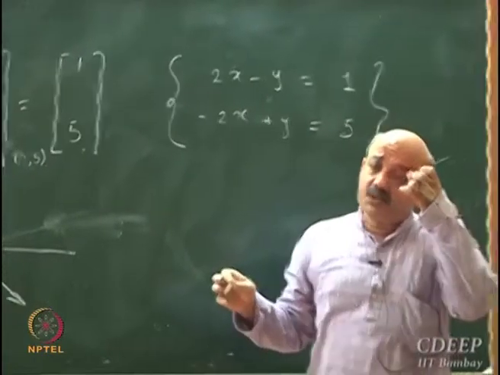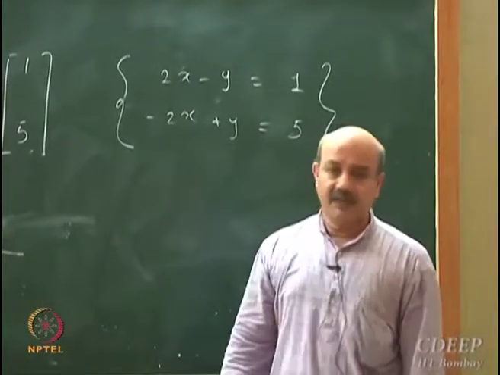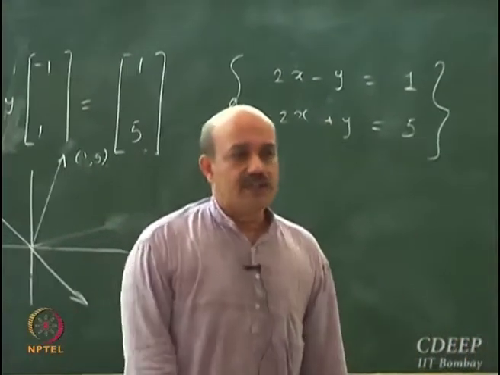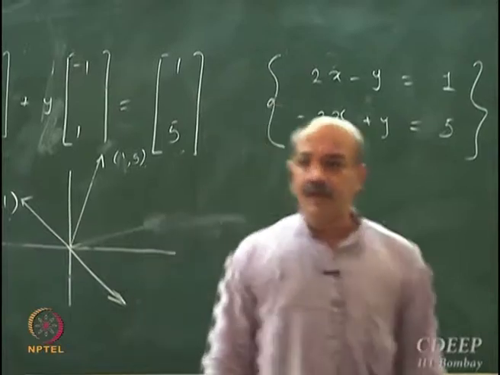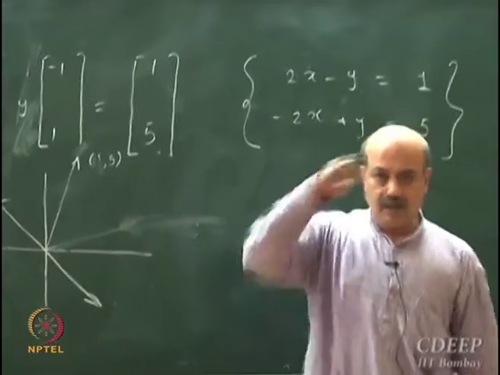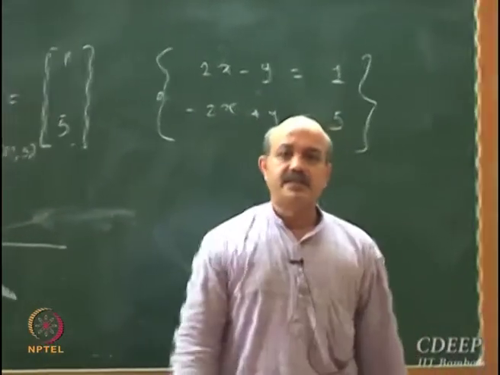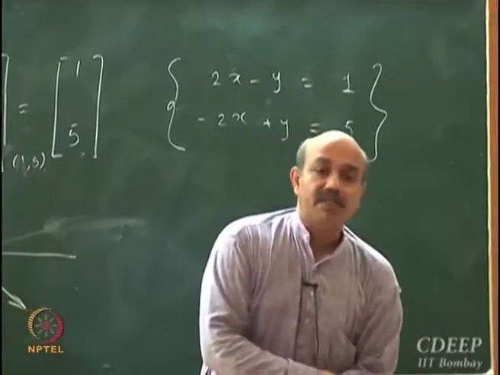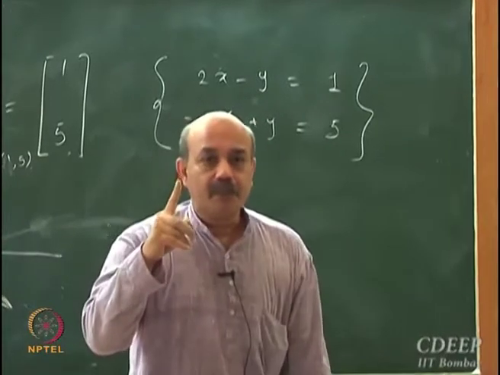We can generalize this to any n dimensional case. We can talk about linear combinations of columns giving you a solution which lies in the column space, okay, and the row picture will be hyperplanes, and the solution, when it exists, is that all the hyperplanes meet in one point, okay.